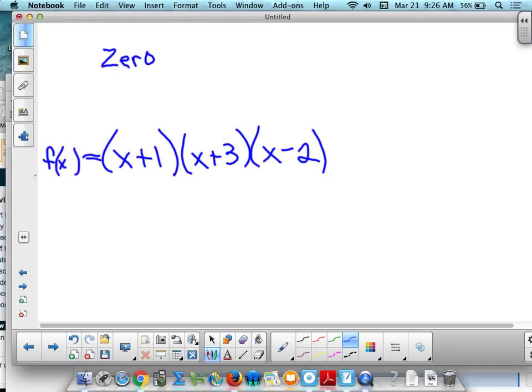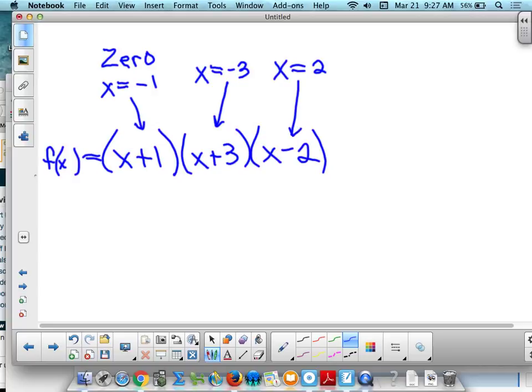Where did this come from? A 0 of what? -1. If you have a 0 of -1, that's your factor. Where'd this one come from? If you have a 0 of -3, that's your factor. And this one should come from what? 2. So that's your factor.